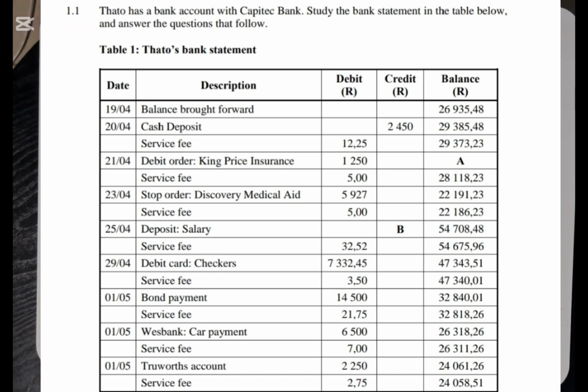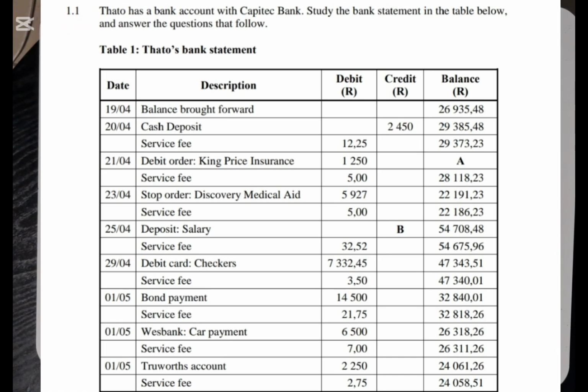Like I told you, in this one you take the previous balance and add the money in the credit, because the current amount on the 20th is under credit.